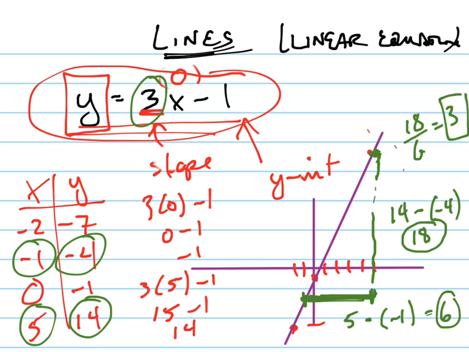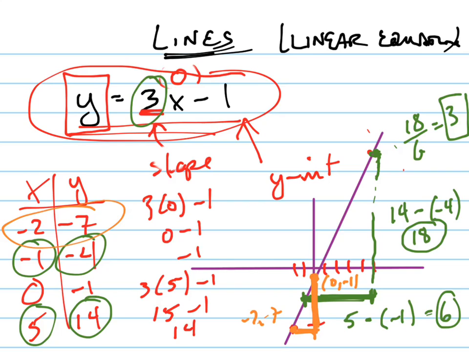Let's take this point right here and this point right here. What's the ratio of the rise to the run? How far up did I go? Remember, this point right here is 0, -1. And what's this point down here? This was the first one I had. It's -2, -7. So how far up am I going here?